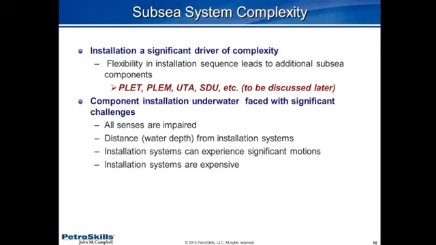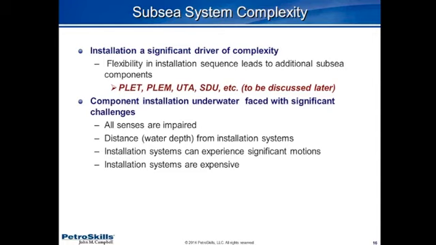So special equipment is required in order to be able to manipulate the components at depth, and cameras and lights are required to be able to see. The distances are quite large, so all of this is done with remote systems that have to work on the surface of the ocean, which generally can be moving in waves and currents, complicating the installation.